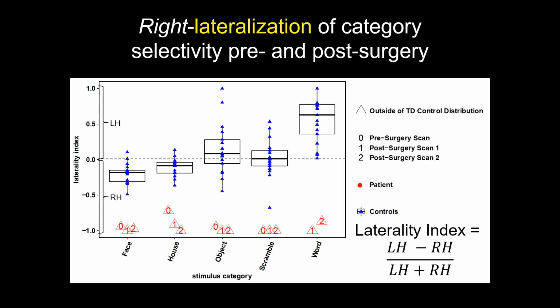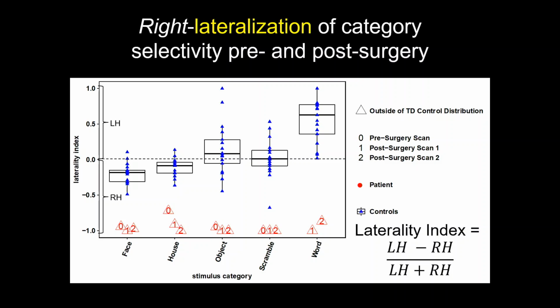patient? The patient, perhaps unsurprisingly, showed significant right lateralization for most categories, both pre and post-surgery. Throughout this, I'm going to be labeling the pre-surgical scan with a 0 and the 2 post-surgical scans 1 and 2.